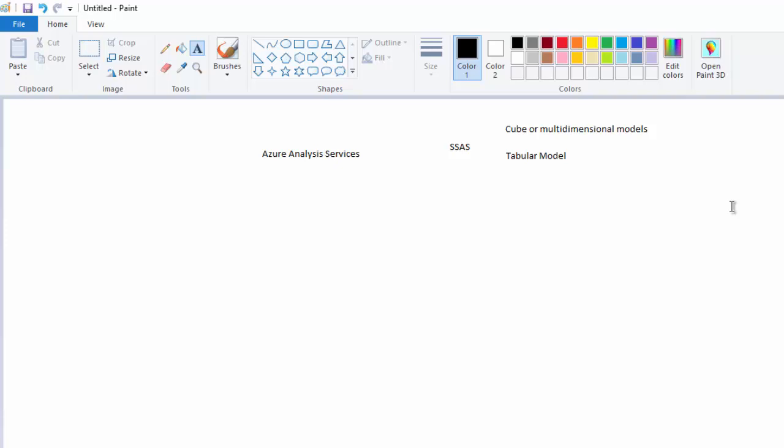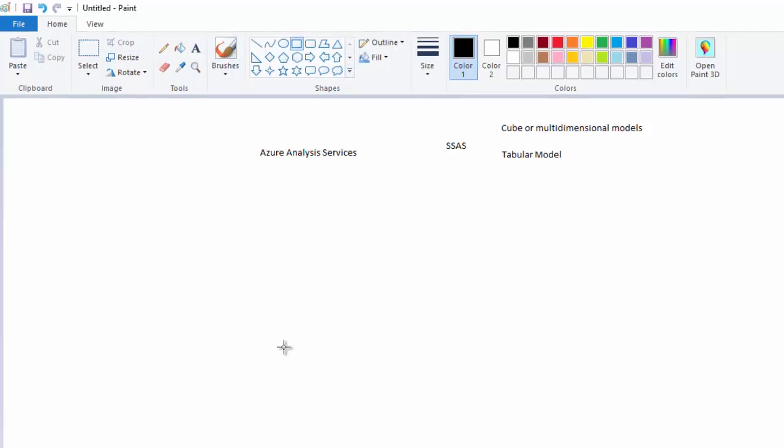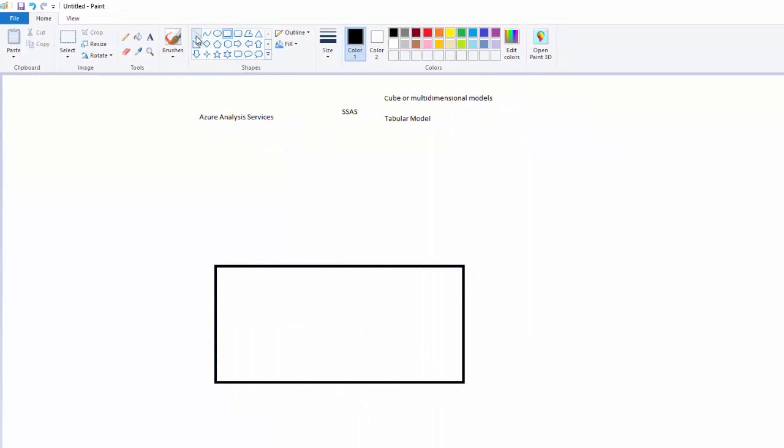Now, coming to the point of why it is called multi-dimensional, assume that we are querying data from a database. We have a table, and the table has rows and columns.